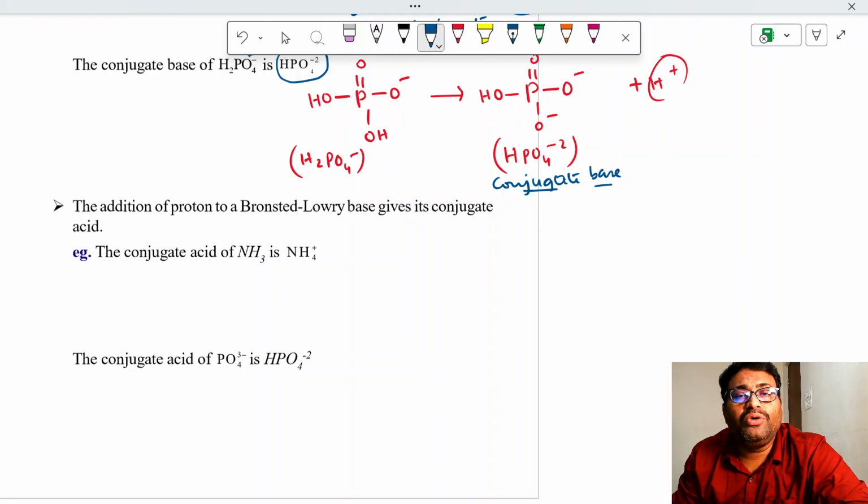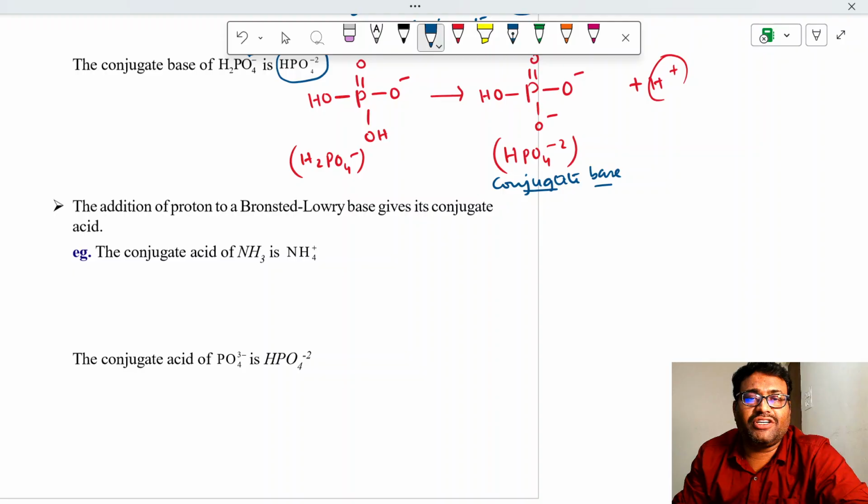Then how do you get the conjugate acid? Removing a proton gives you the conjugate base. Adding a proton gives you the conjugate acid. For a substance, if a proton can be added to it, then after adding the proton, whatever is obtained is called the conjugate acid of that substance.